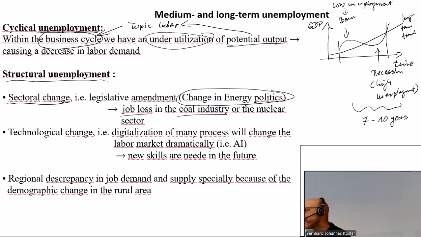And then about this I talked when I announced that on Monday we had the new award of the Nobel Prize, that in general we see this technological change, and here, in my opinion, the main driver is digitalization, and since 2-3 years especially, artificial intelligence, so that production processes really will change in the future, and that you, so to speak, need more or other skills to be successful in the labor market.